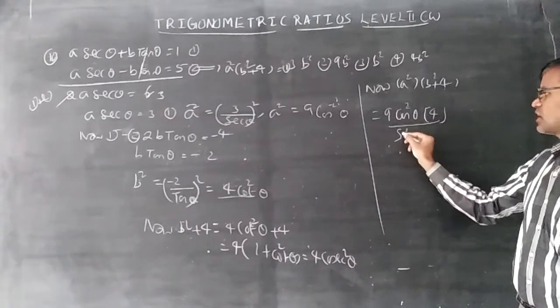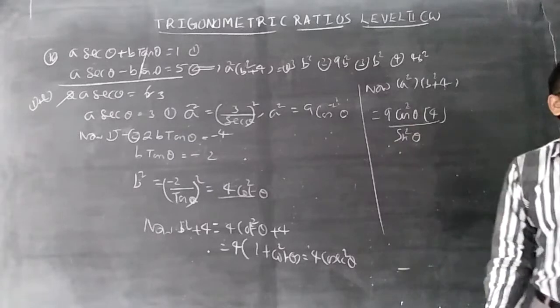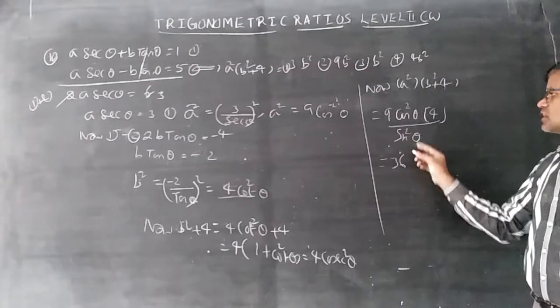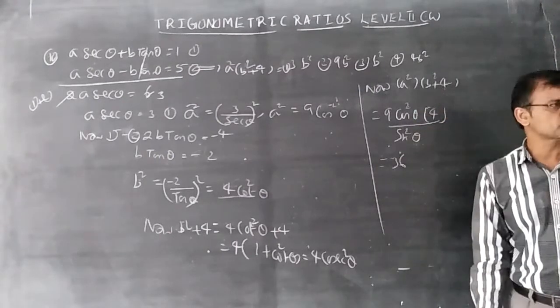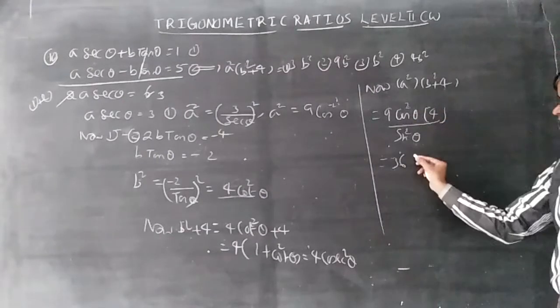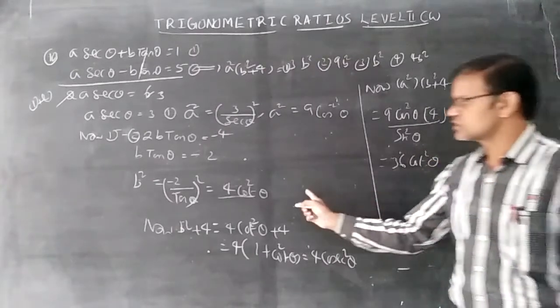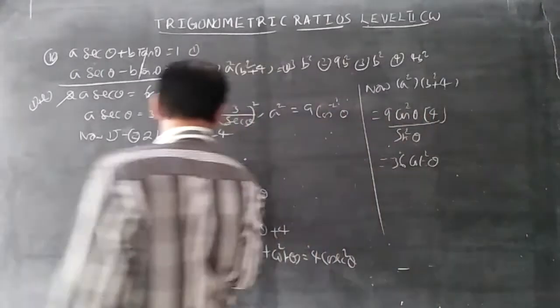It can be understood as 1 by cosecant theta means 1 by sin theta. 9 4s are how much? 36. 36 into cos square by sin square becomes cot square. 36 cot square theta.